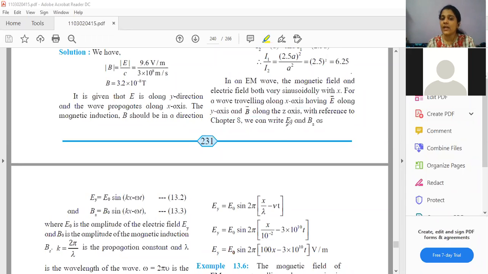We have obtained the wave equations. There is a standardized method of finding the wave equation. So using that standard wave equation, I have obtained the equation for my electric field, which is along the y-axis, that is why Ey, and the magnetic field, which is along the z-axis, that is why Bz.